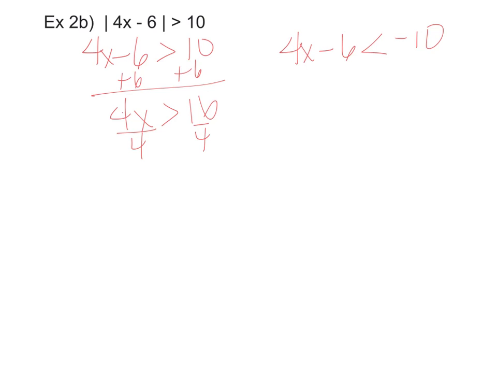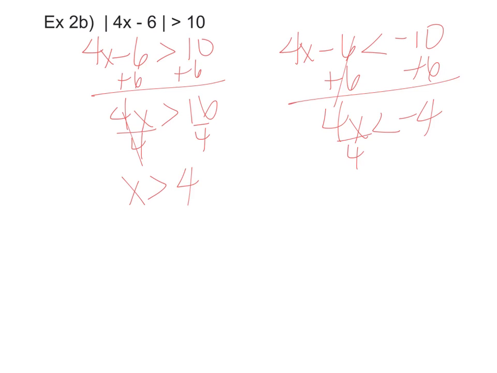Divide both sides by 4, and x is greater than 4. Over here on the right one, you add 6 to both sides. You now have 4x is less than negative 4. Divide both sides by 4, and x is now less than negative 1. Put that back on a number line. And I now have from negative 1 up to positive 4.